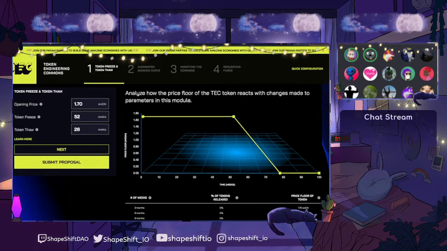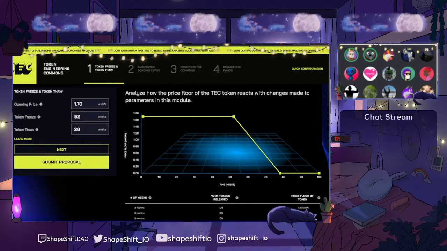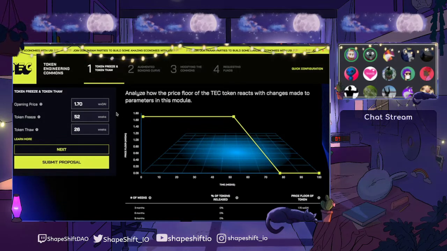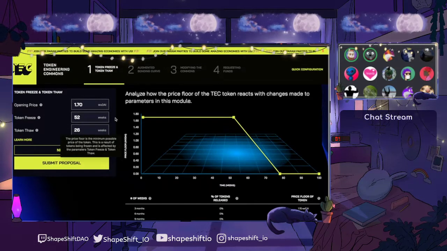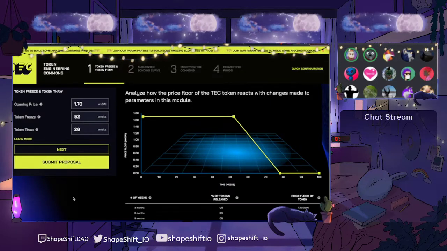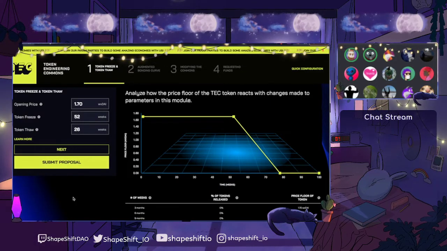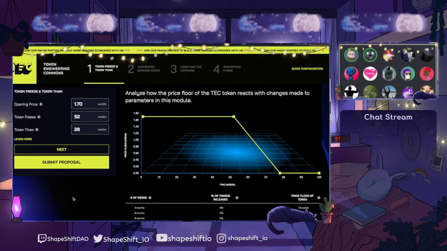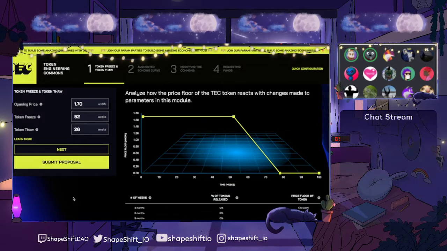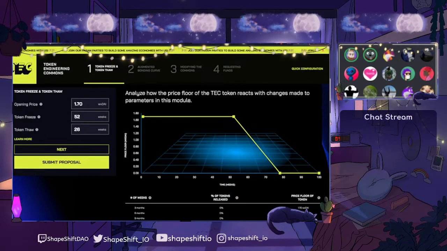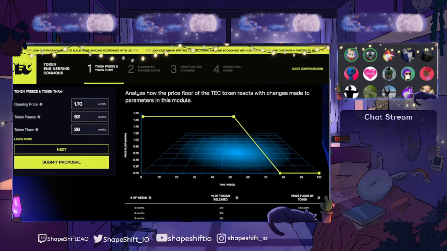So the idea of this commons configuration dashboard is for the community, especially the people that have been building this project, to have different tools and say, okay, this is what I think is the best for us.